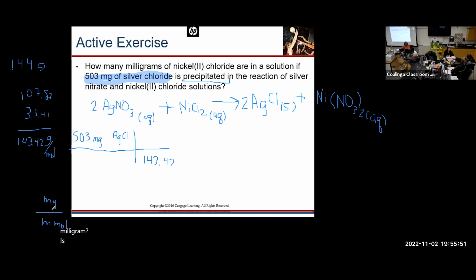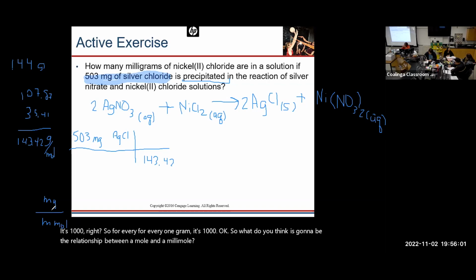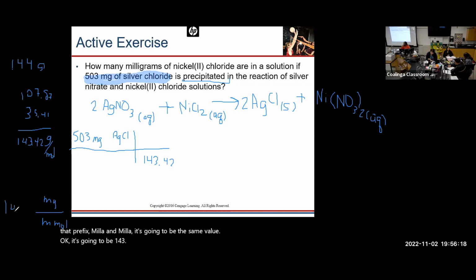It's 1,000. For every 1 gram, it's 1,000. What do you think is going to be the relationship between a mole and a millimole? It's going to be 1,000, right? So I have 1,000 over 1,000. As long as it has that prefix milli and milli, it's going to be the same value. It's going to be 143. You guys understand that?